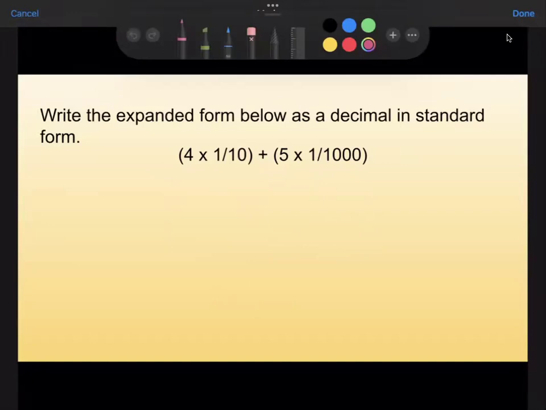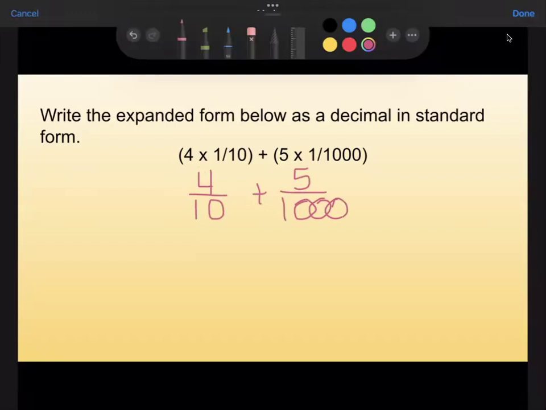Okay, here is our next one and our last one for this video. Again, even though it's fraction place values, we're going to go ahead and evaluate each thing in the parentheses, figure out what it's equal to, and then convert it to decimals. So 4 times 1/10 would be 4 tenths, or 4/10, plus 5 times 1/1000 would be 5/1000.